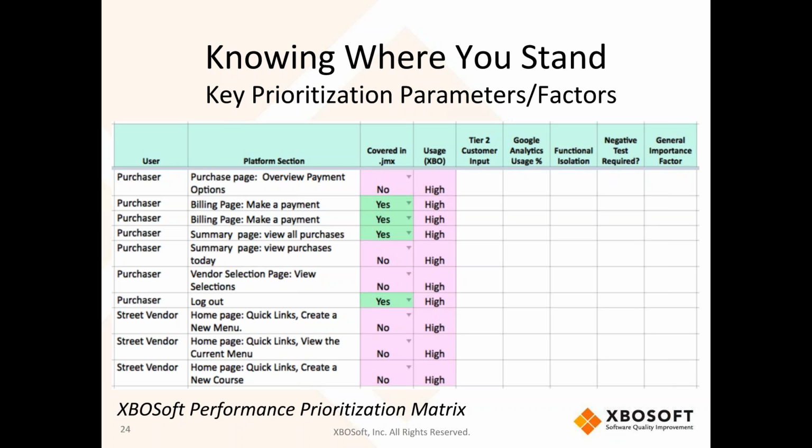The next thing that we did is we go through and determine if the usage, based on our information, would be considered high, or low, or medium. And this is an effort to find out, for a particular function, how much is it really being exercised within the application?